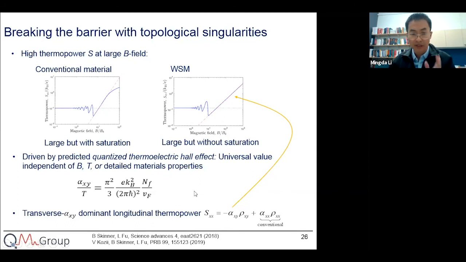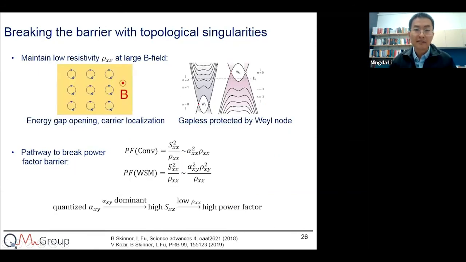And so he showed that if we want to make this happen, the transverse thermoelectric Hall and the transverse resistance will have to dominate the longitudinal thermal power. So that is very contrary to conventional material. Longitudinal thermal power is dominated by longitudinal thermoelectric response. And another thing, when we apply magnetic field, there becomes a problem called localization. That's just from the Lorentz force.